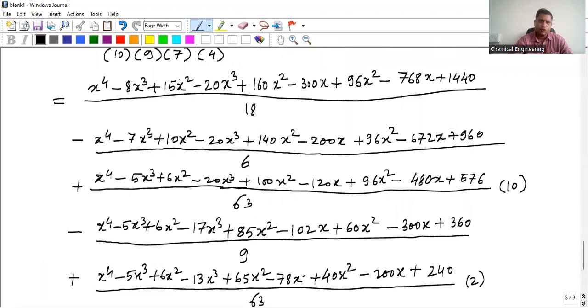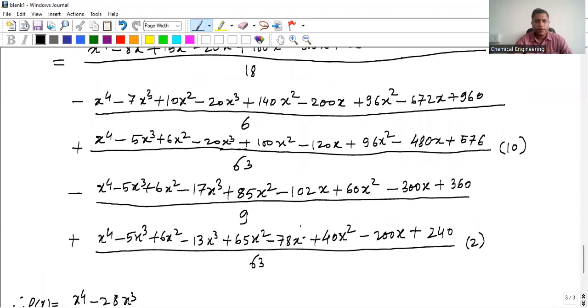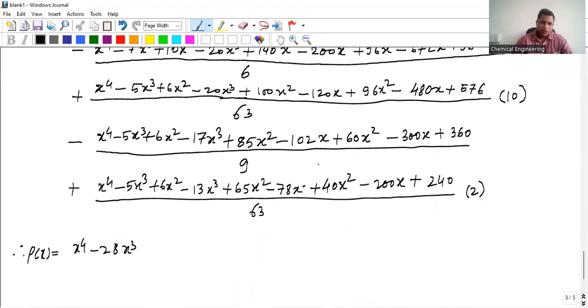Minus 28x cube. What about x square? So this is 15x square plus 160 plus 96. How much do you have? 15 plus 160 plus 96 is going to be 271. So we'll be having here plus 271x square.